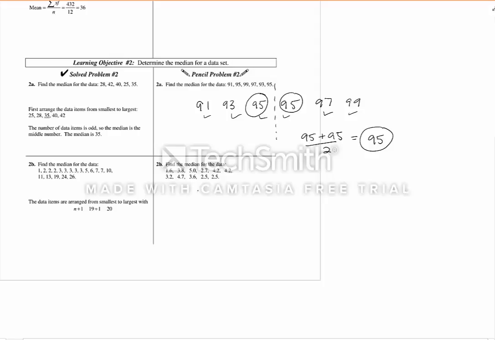2B, we're going to find the median for this data, and again you need to list it in order from smallest to largest. So I'm going to do that.